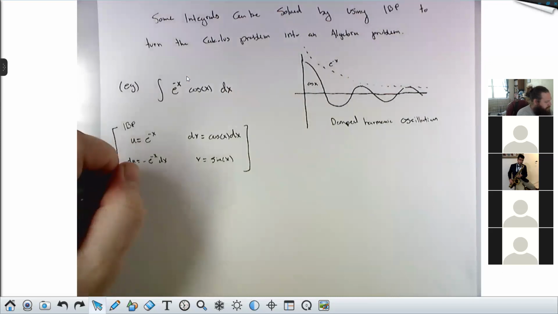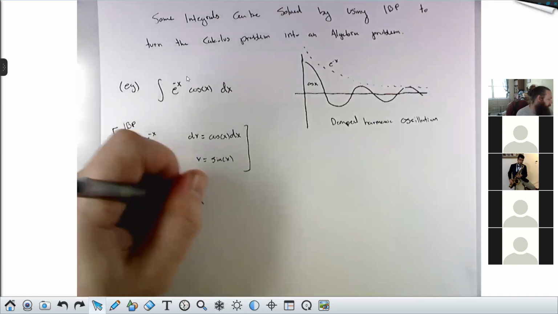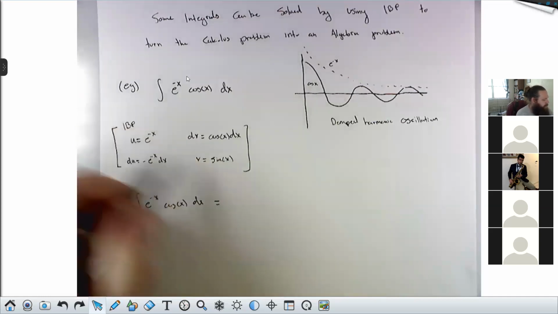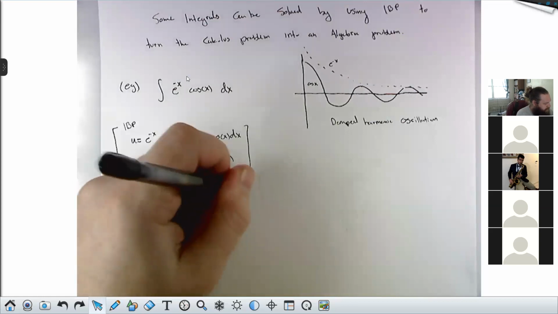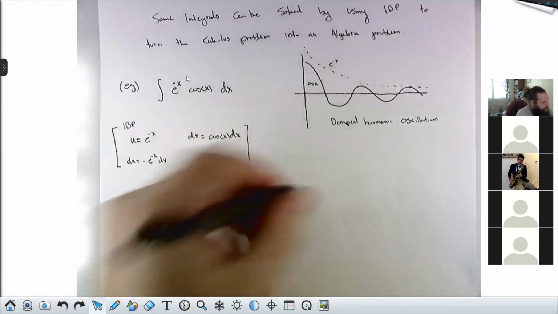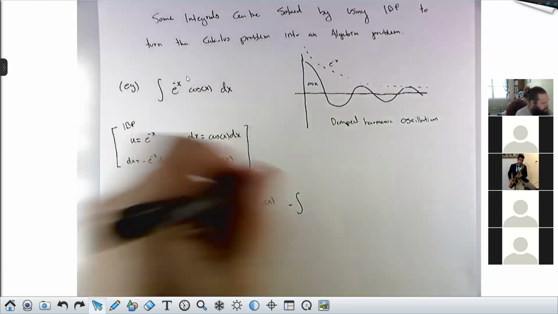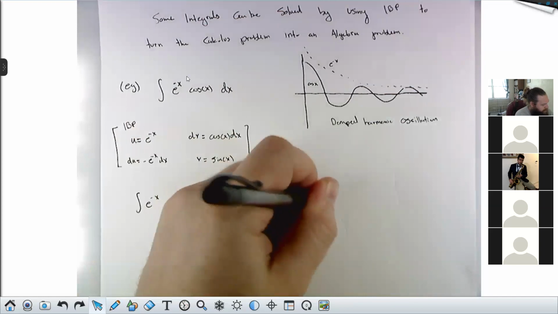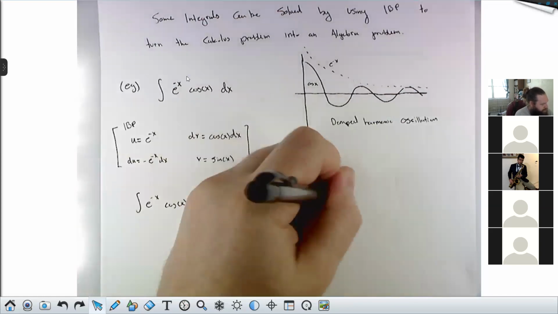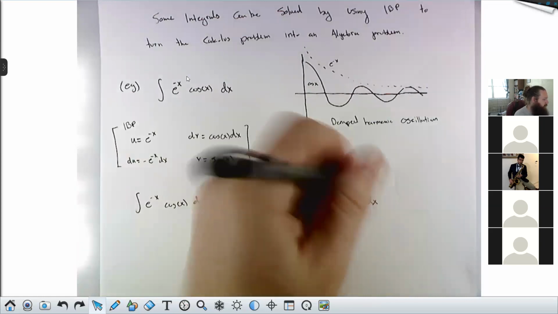So that integral of e to the negative x cos x dx is equal to u times v. It's e to the negative x times sine of x minus the integral of v times du, which is sine x times negative e to the negative x dx.